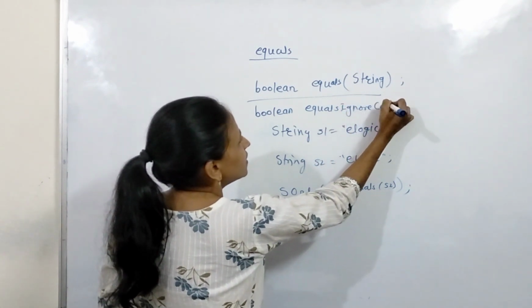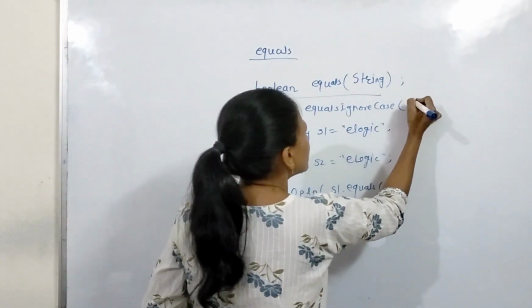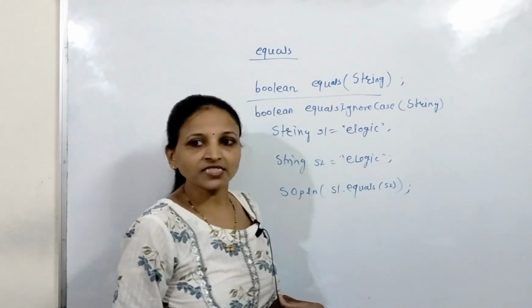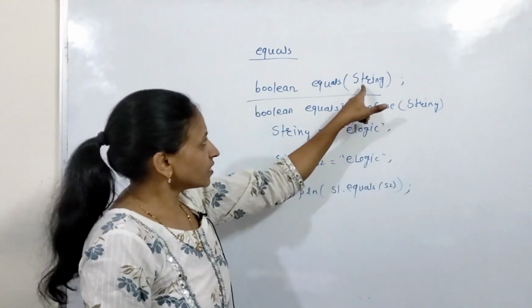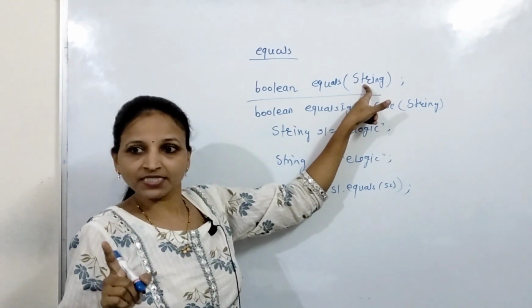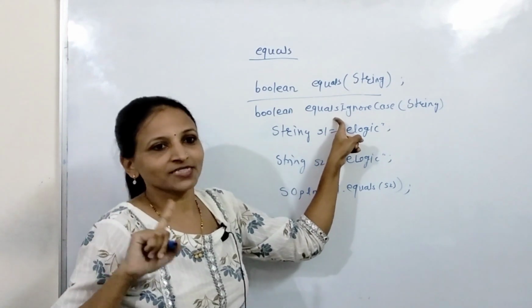There is one more method provided by the String class, that is equalsIgnoreCase, with I capital and C capital. You should keep in mind the naming conventions. Again a string object you have to pass. The equals method is present in the base Object class and overridden here, but equalsIgnoreCase is not present in the Object class.